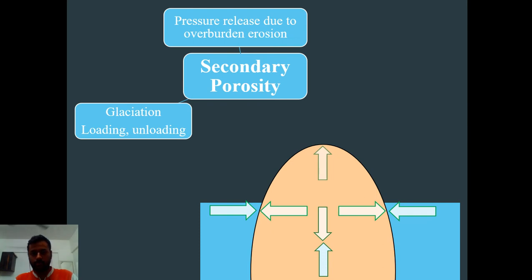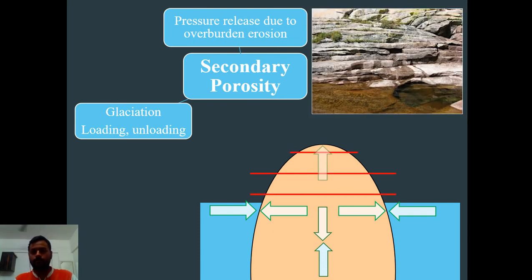So you will have greater force here, and it will lead to the formation of sheeting joints like this.